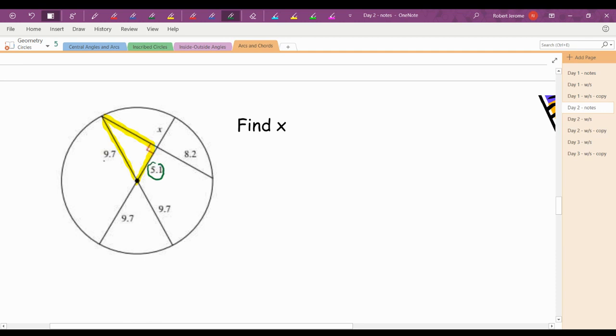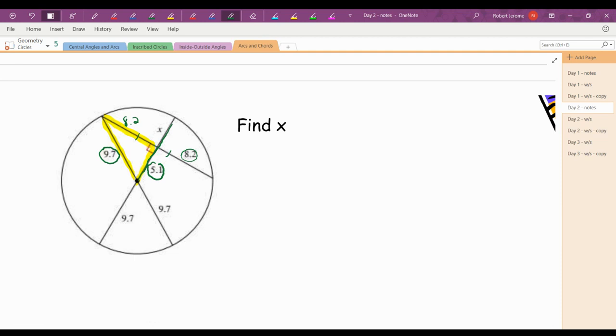We know this side is 9.7. And the reality is we know that this side is 8.2, right? Because the radius is perpendicular, so it bisected the chord. So we know everything about that right triangle. So we understand the picture.